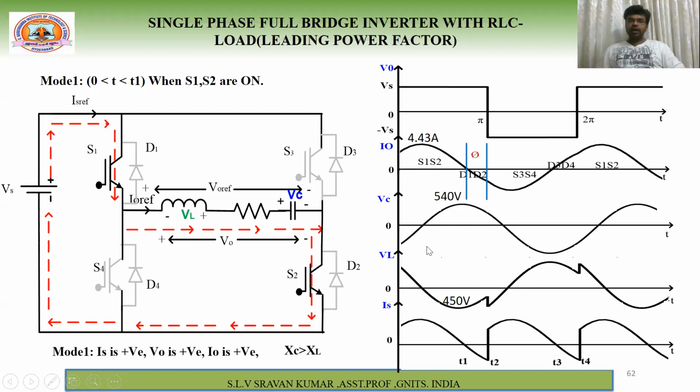So first draw the voltage across the capacitor with the 90 degrees phase shift, and then draw exactly the opposite. If it is positive, this is negative; if this is negative, this is positive, because the angle difference between the voltage across the capacitor and the voltage across the inductor is always 180 degrees phase shift.